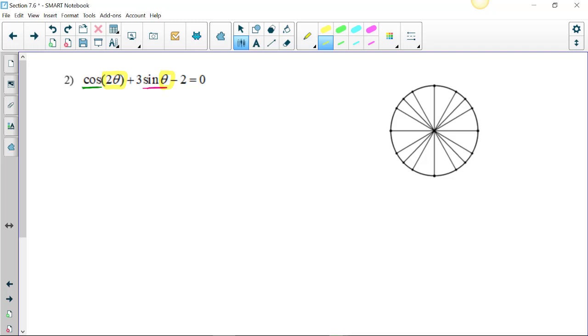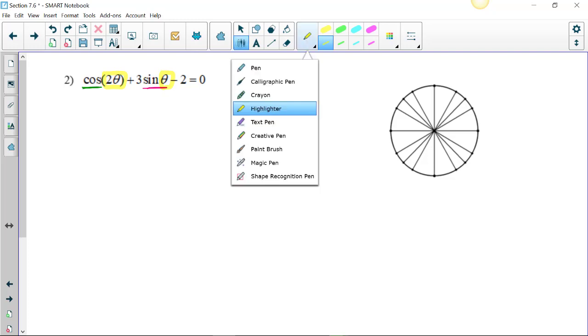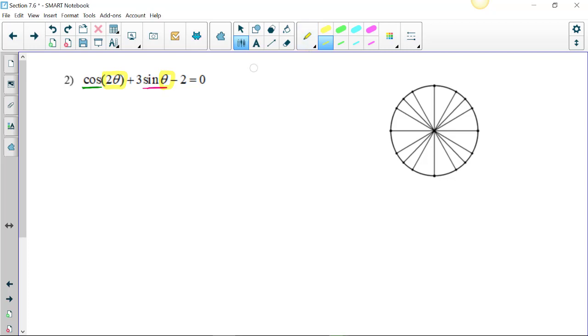Okay, so I need my equation to have all the angles as either 2 theta or all the angles as 1 theta. So I think it's probably best to go to 1 theta or single theta because I know I have an identity for cosine 2 theta. Now, there are 3 of them, so I have to choose which one do I want.